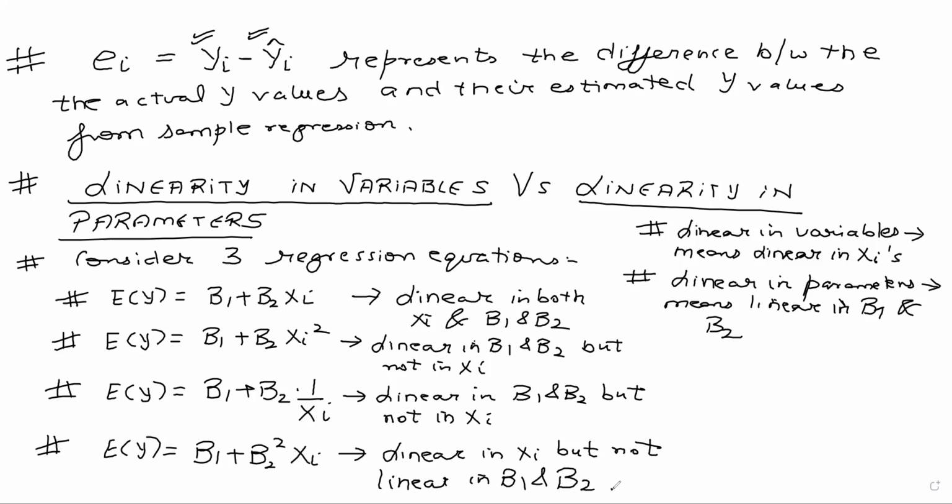So guys, what does this mean? When I talk about linear regression, understand this very carefully. When I talk about linear regression, it means that regression which is linear in parameters. It may or it may not be linear in variables. Let me write it for all of you.